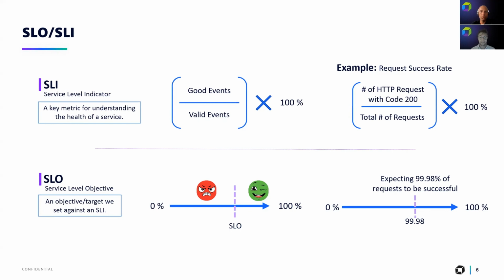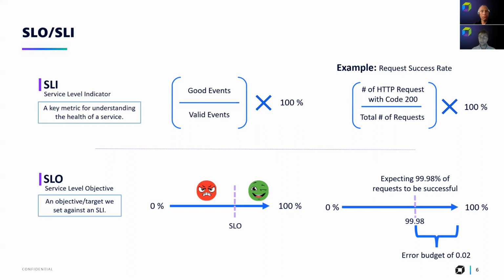No one gets it 100% perfect all of the time. And so when we have this target, we implicitly also build an error budget, right? So we are allowed to have a certain discrepancy between the 100% and what we want to reach. This is what we call the error budget. It's basically the percentage that's left that we're allowed to fail.